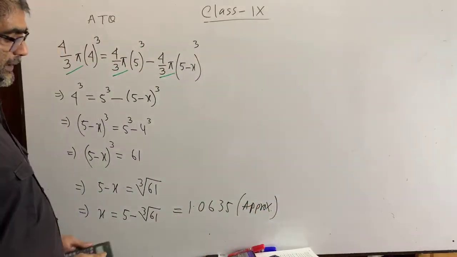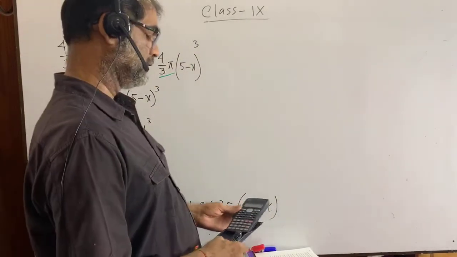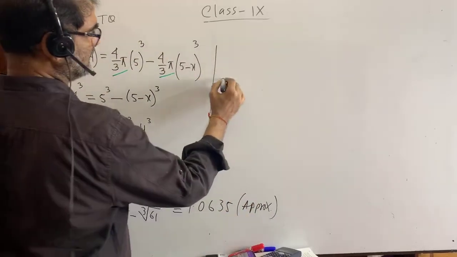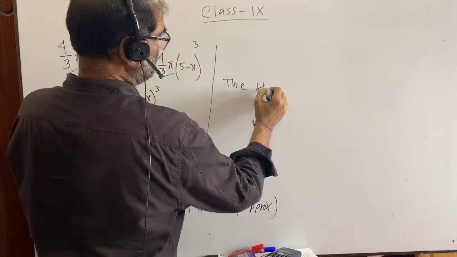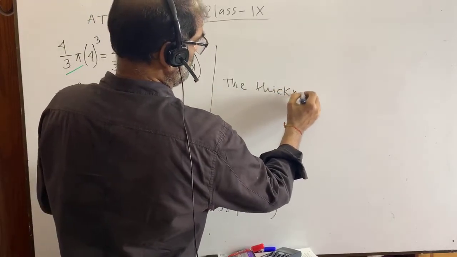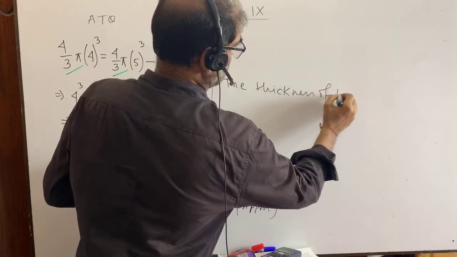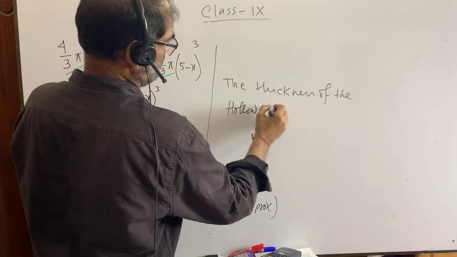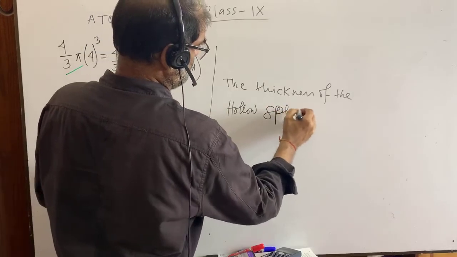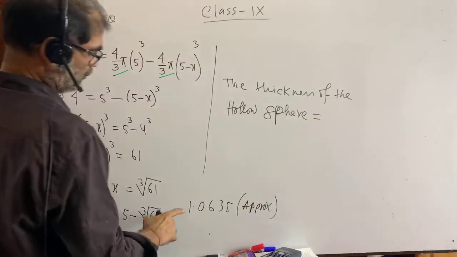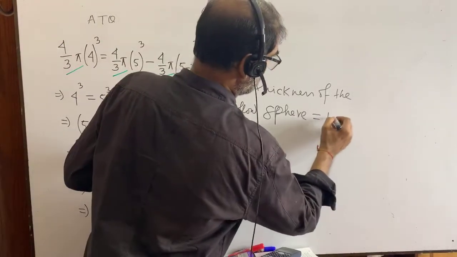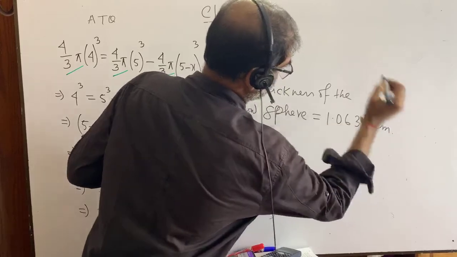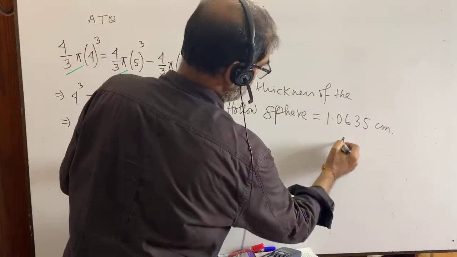Okay, that means the thickness of the hollow sphere is equal to 1.0635 centimeter approximately.